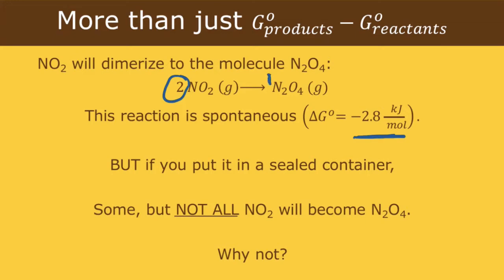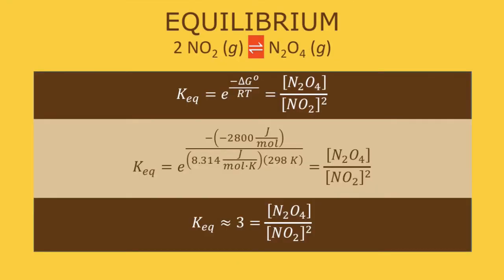But if you put it in a sealed container, some but not all of the NO2 will become N2O4. Why not? In a closed system, if the reactants and products are in the same phase of matter, it will never go to completion. It will reach equilibrium.